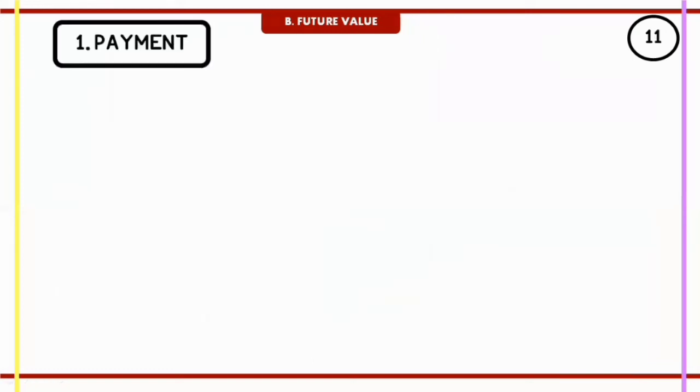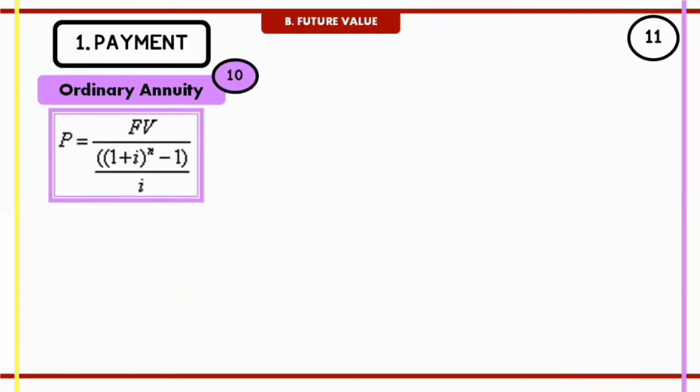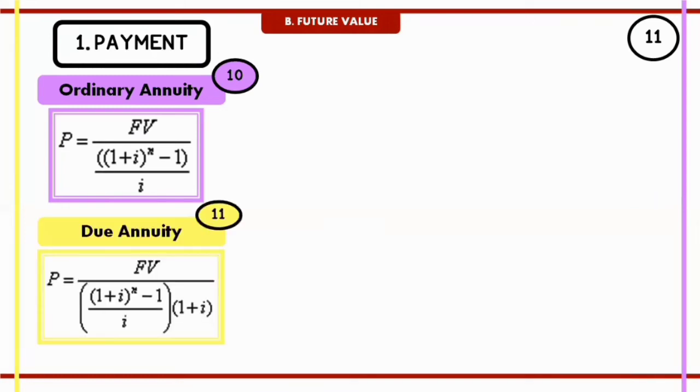Next, how to find the payment of ordinary annuity. P is equal to Fp divided by ((1 plus I to the n minus 1) divided by I), and for due annuity the payment will be equal to Fp divided by ((1 plus I to the n minus 1) divided by I) times (1 plus I).